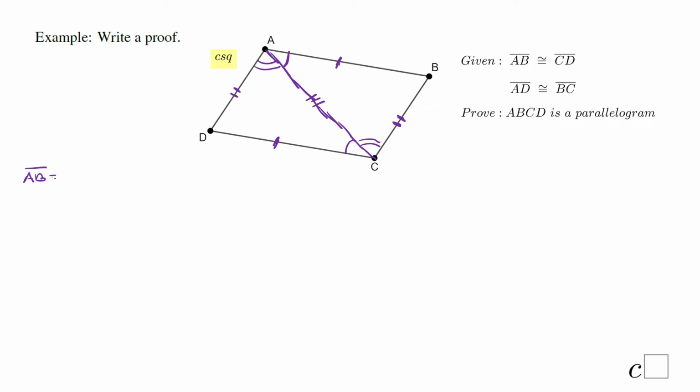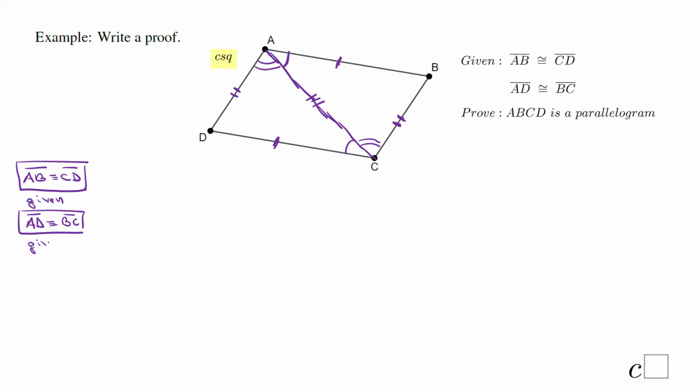congruent with CD. I'm going to box this, and this is given. Then we're going to have the second statement, which is also given, AD congruent with BC, and this is also given.